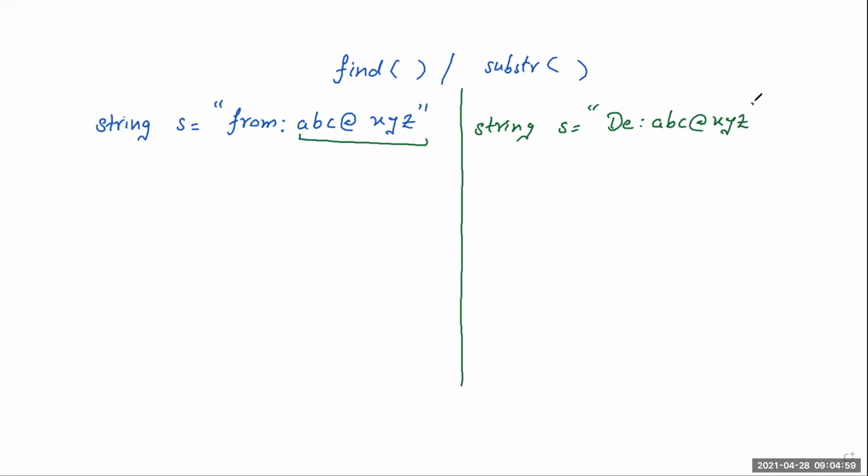So if you have manually counted that you have to skip the first 5 characters, and the email is coming from a different server, it will fail. In this case, you only have to ignore the first 3 characters, D, E, and colon. If it is some other language, maybe there are 4, 5, 6 characters, so you are not sure.